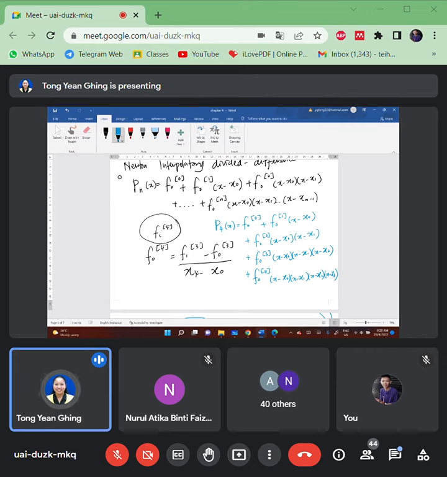Until where? Until n minus 1. n is 4, so n minus 1 is 3. Do you see this?